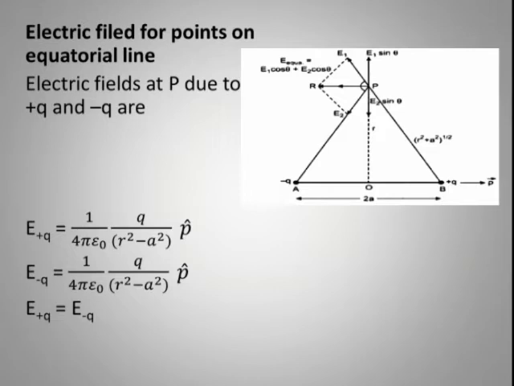Now if I consider the first electric field E1, it has been split up into two components. How has it been split? At this point you can see it is E1 sine theta. How do you find that it is only sine theta over here?